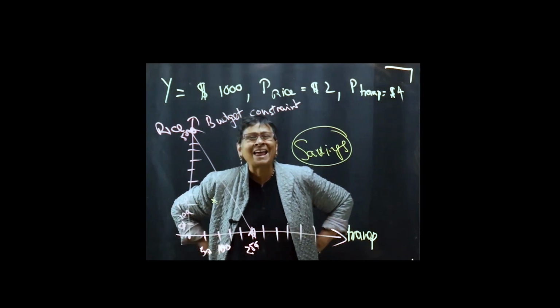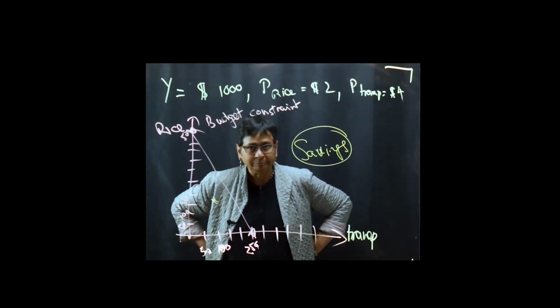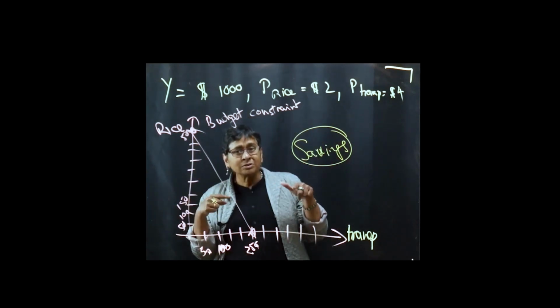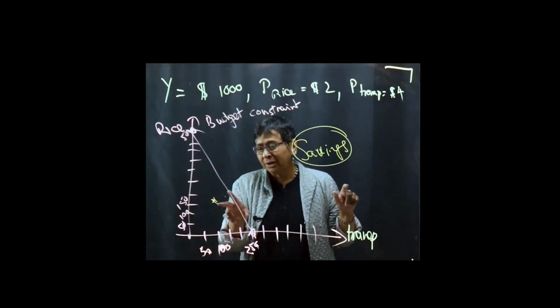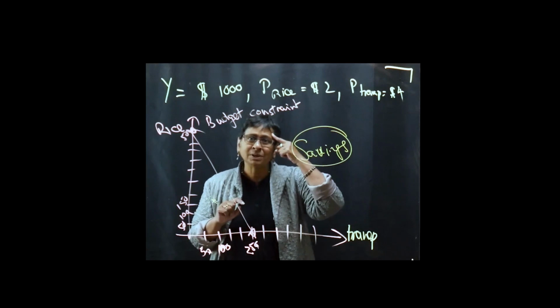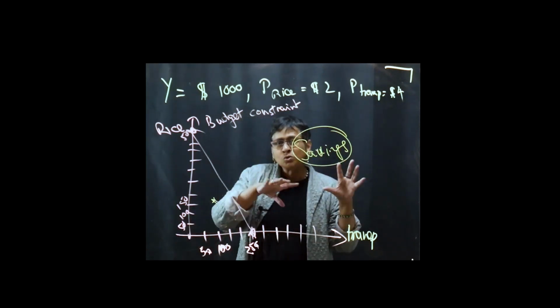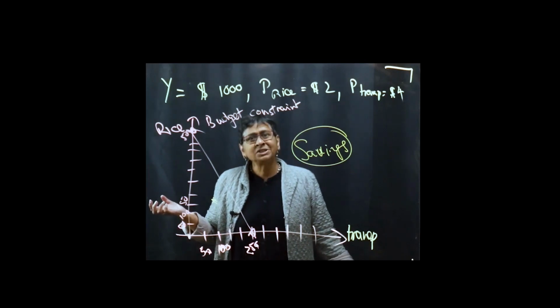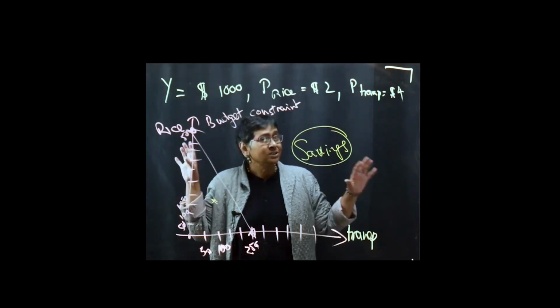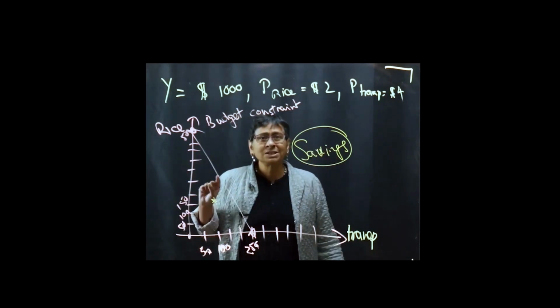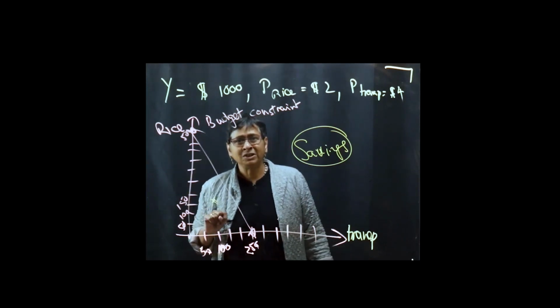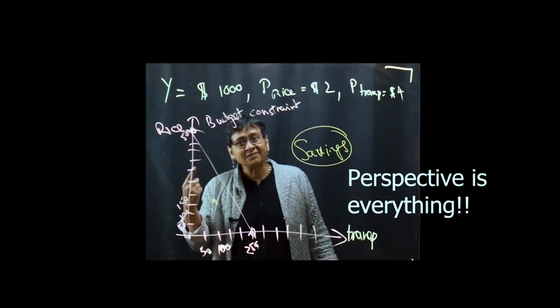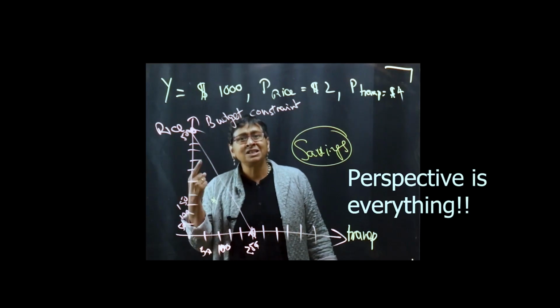So when it comes to the theory of the consumer, we have to remember that what we do when we talk about everybody put together, which is the PPF for an economy, is very different than what we say when we're talking about one individual. So perspective is everything in this graph.